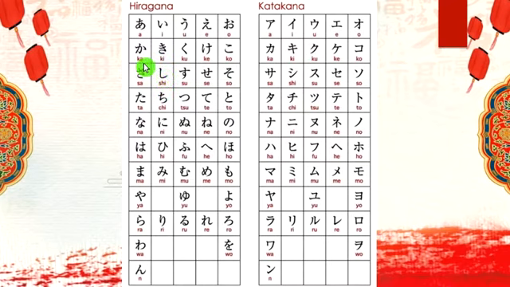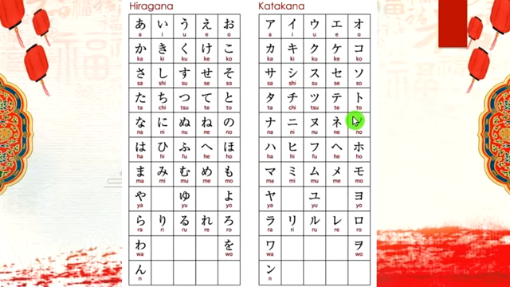Then ka, ki, ku, ke, ko. Japanese pronunciation is easy. The most important pronunciations are those of the 5 vowels. Nearly every other syllable consists of a consonant and one of these vowels, so as long as you can distinguish these 5 clearly, you will be alright.